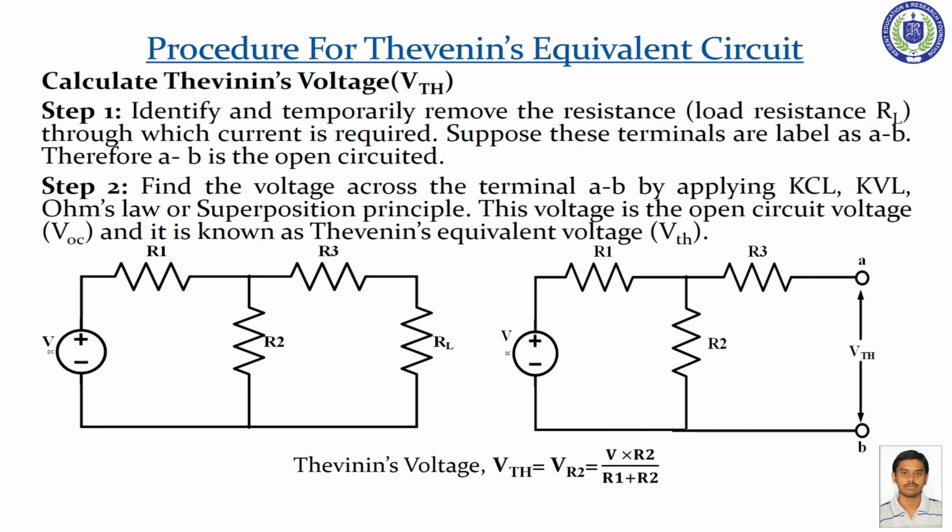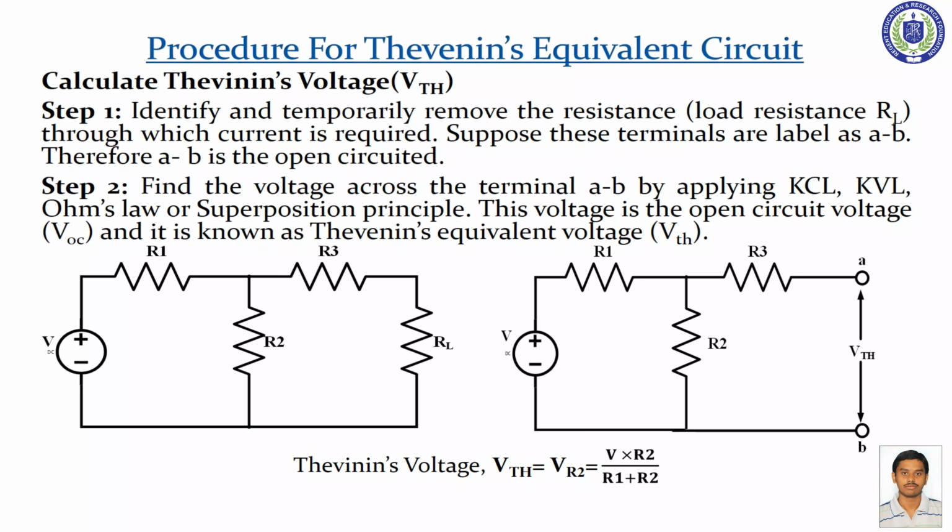Suppose this is a complex circuit, because there are four resistances, the connection is series parallel, and there is a voltage source present. So first of all, we remove the load resistance and find the voltage across this terminal.